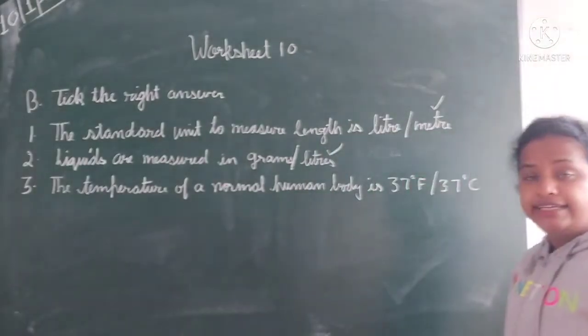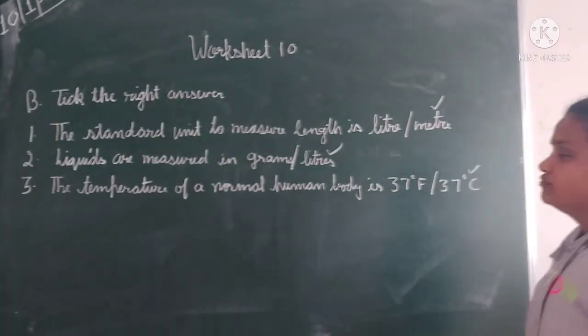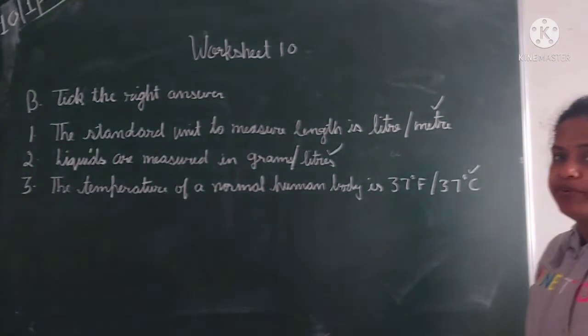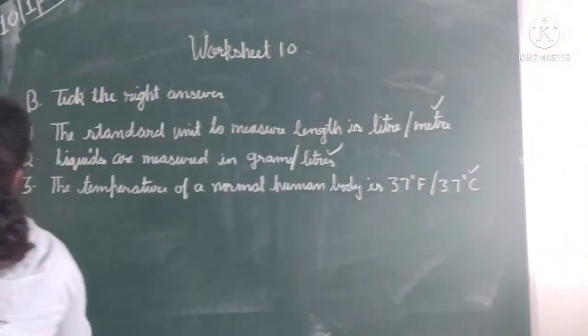So it is 98.4 Fahrenheit and 37 degree Celsius. What is the normal temperature of the human body? 37 degree Celsius.